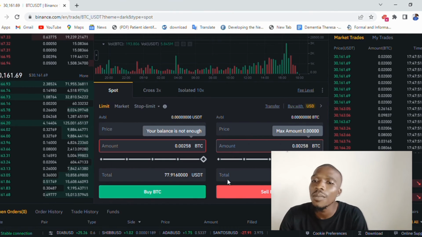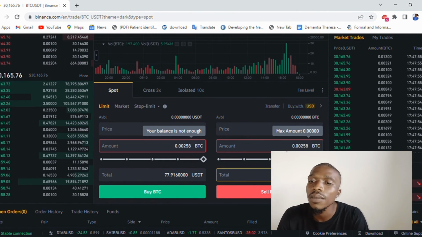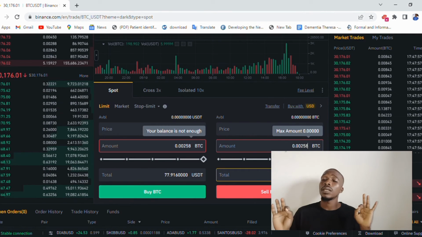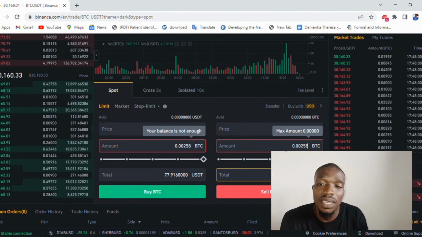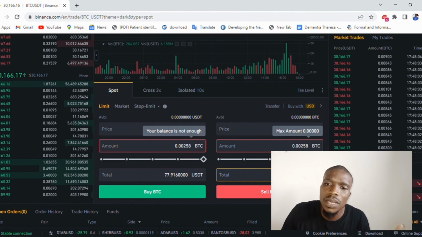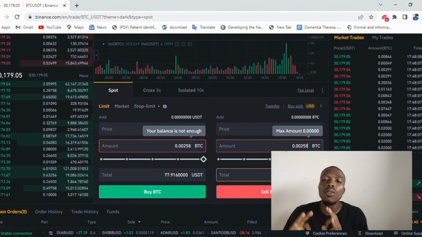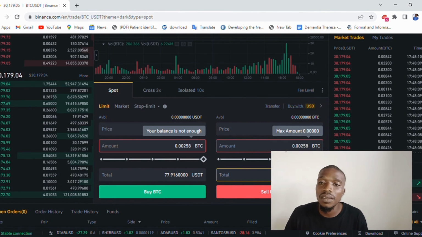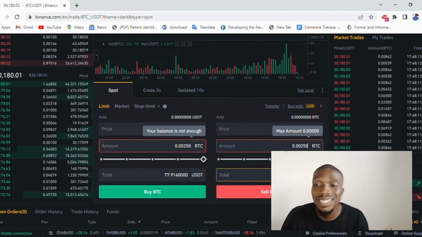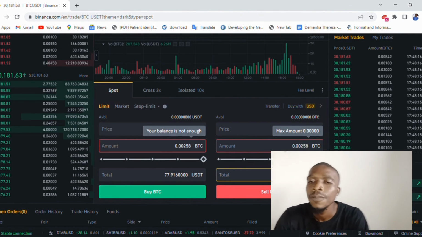So what do I have? I'll be making a whopping $258.56. Remember, I invested 77 and now I have 258. So this is how profit is made on the spot market. We traders buy and hope that the currency moves upwards in a positive direction, and they sell when the asset is high. So that's basically how the market works.